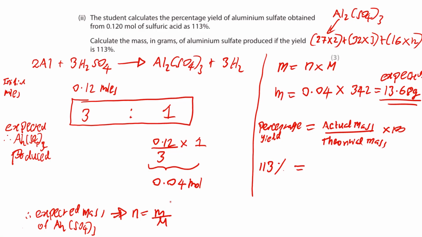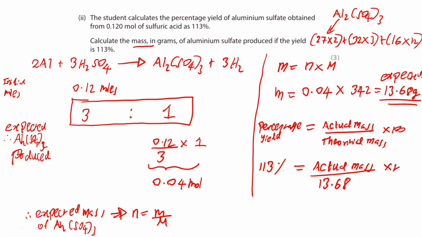Actual mass, that's what the question is asking. Calculate the mass in grams. What you really get is the actual mass, and we don't know how much. But you can see it's more than expected. Theoretically expected we know is 13.68.